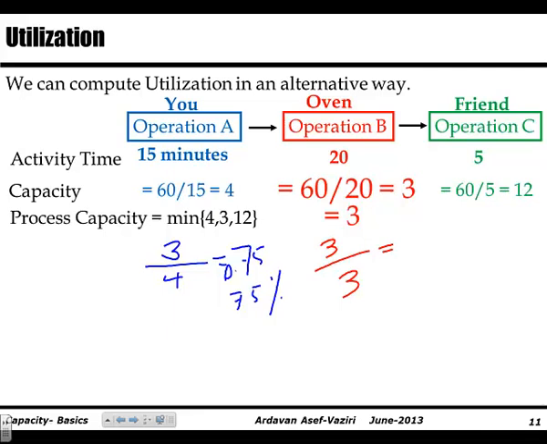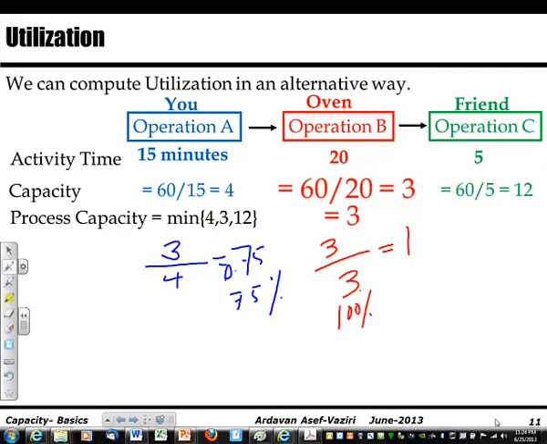Therefore, utilization is 1 or 100%. Capacity of the third operation is 12, but it only produces 3 per hour. Therefore, utilization is equal to 3 divided by 12, which is 0.25 or 25%.